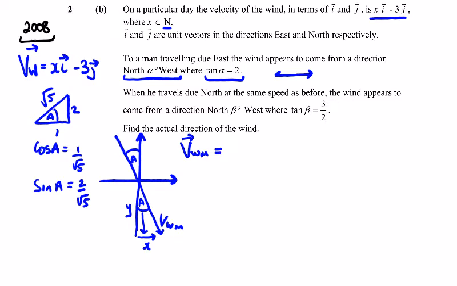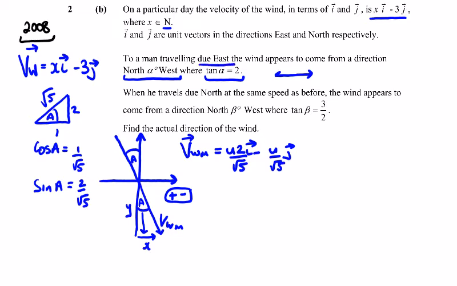So my vector for the velocity of the wind relative to the man is going to be equal to, well, we don't have the speed, so I'm going to say u by the sine of a, 2 over root 5. That's going in the negative direction. Then minus u by 1 over root 5 in the i and j direction. We have the velocity of the wind and the velocity of the man.